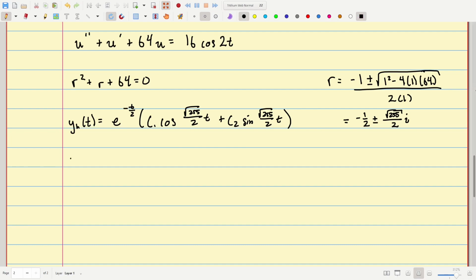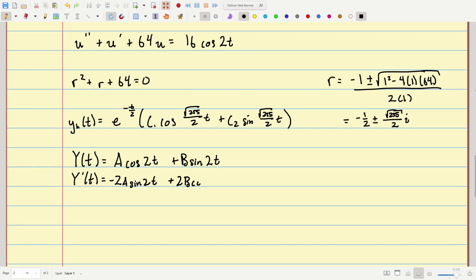We will guess that our particular solution is equal to a linear combination of sine and cosine. Take the necessary derivatives.